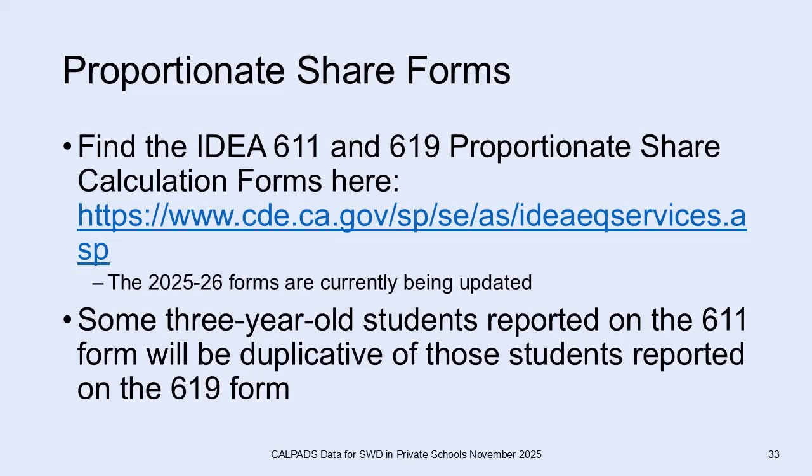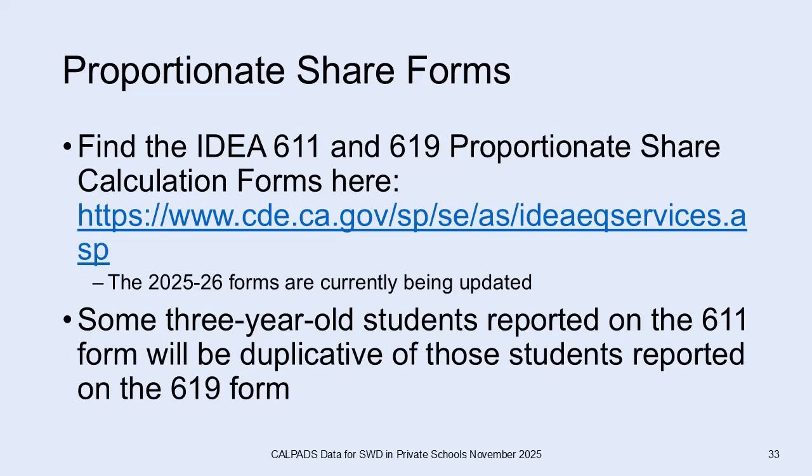You will see this link here. These are the most recent forms posted on CDE's website. Our fiscal unit is right now going through a revision process of these forms to try and make them a little easier to understand in conjunction with the information that you're receiving in this webinar.